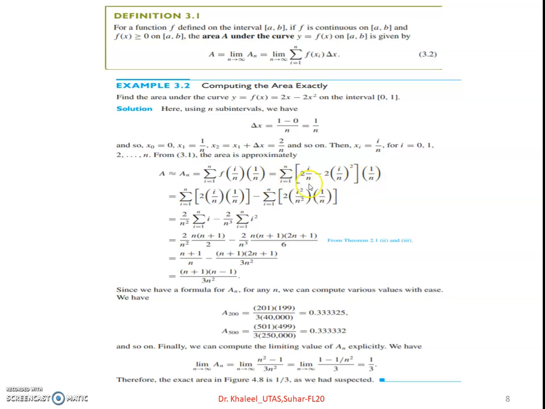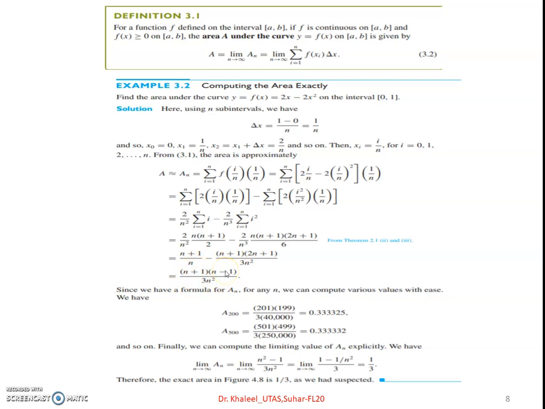Then we multiply here, you can take 2 by n squared out of the first sum, and 2 by n cubed out of the second, with i squared inside. This you already know, n into n plus 1 by 2, and the sum of squares formula, that I substitute.